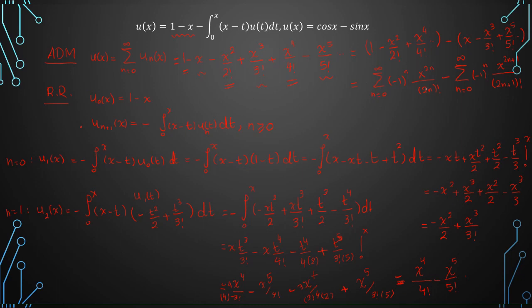And this closed form is for the cosine, and this one is for the sine, and this is our u of x, okay.